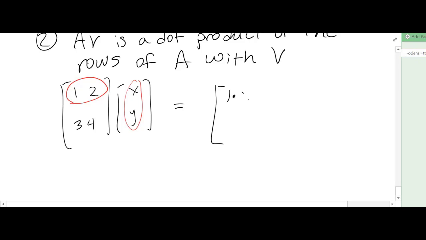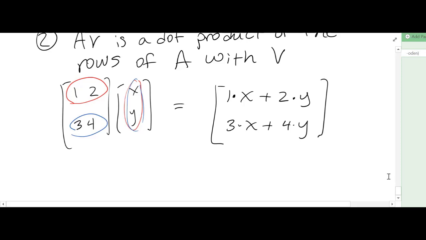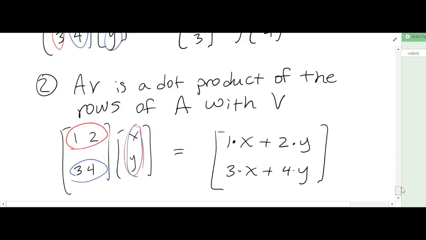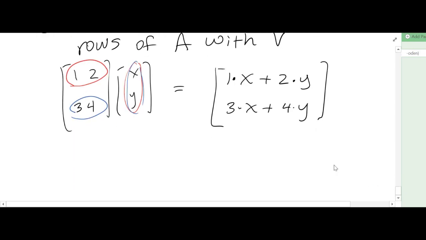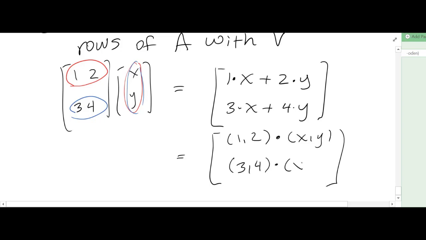So you do 1 times x plus 2 times y. And then for the second entry, you take the second row and dot product it with that vector, so you would get 3 times x plus 4 times y. It's just 1, 2 dotted with x, y, and then 3, 4 dotted with x, y.